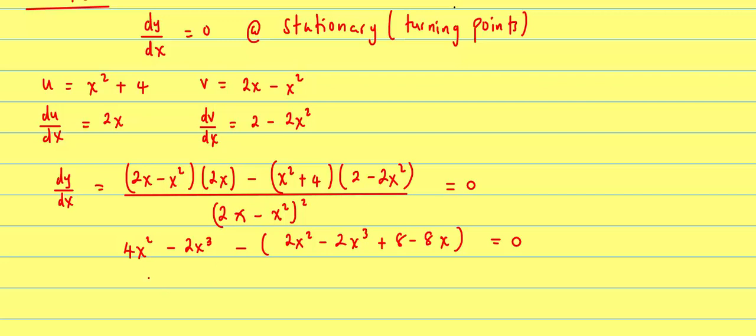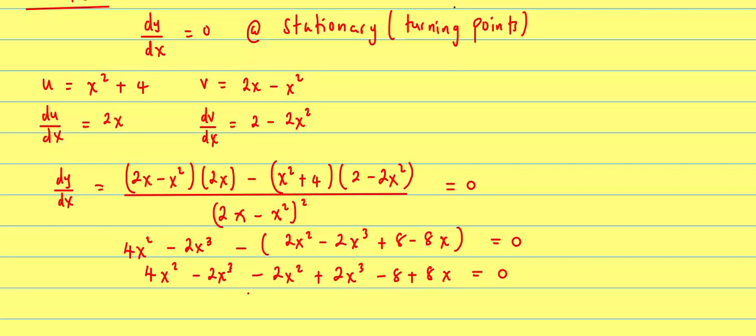So getting rid of the bracket again means that I'm going to have 4x squared minus 2x cubed minus 2x squared plus 2x cubed minus 8 plus 8x, and that is going to be equal to 0.